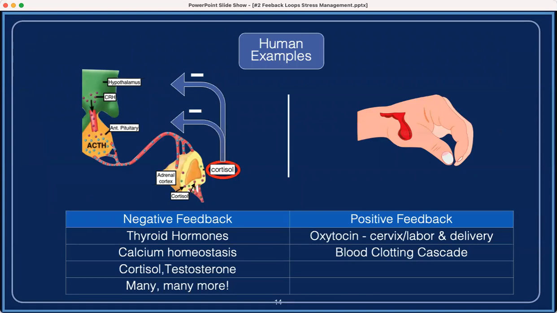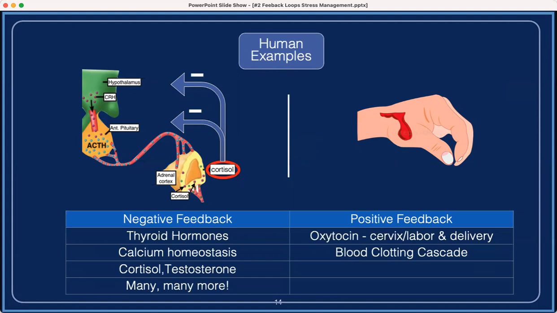So to give you a summary of the examples, the negative feedback include all these things, including cortisol, testosterone, all the thyroid hormones, calcium homeostasis. They are all part of your negative feedback loops. The only ones I can come up with that I have found are labor and delivery with oxytocin and blood clotting.